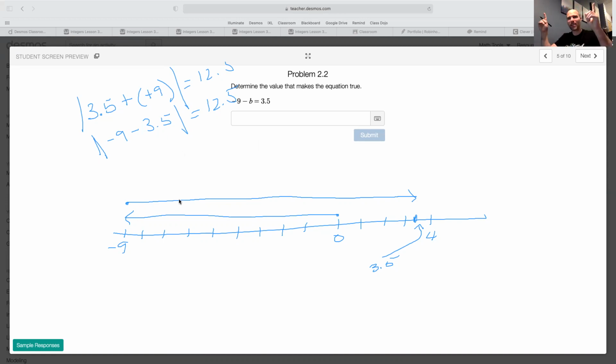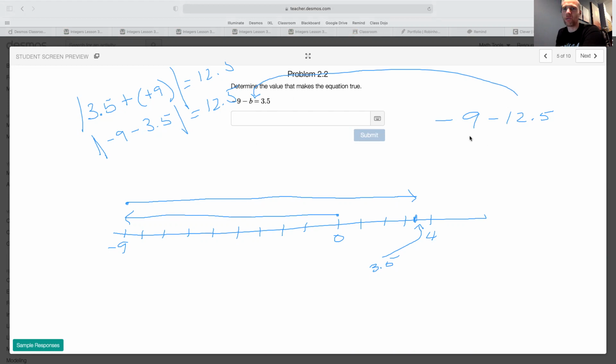So we've got the fact that it's 12.5 spaces away, but in order for this to come out positive, this needs to be minus negative 12.5, right? If we did negative 9 minus 12.5, by putting 12.5 in where B is, and there's a minus sign right there, that wouldn't work.